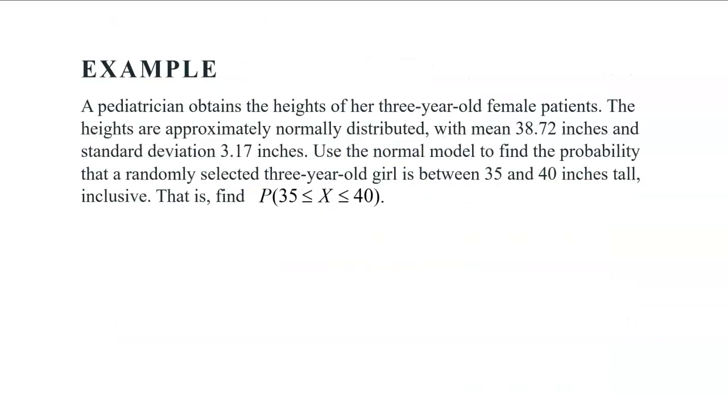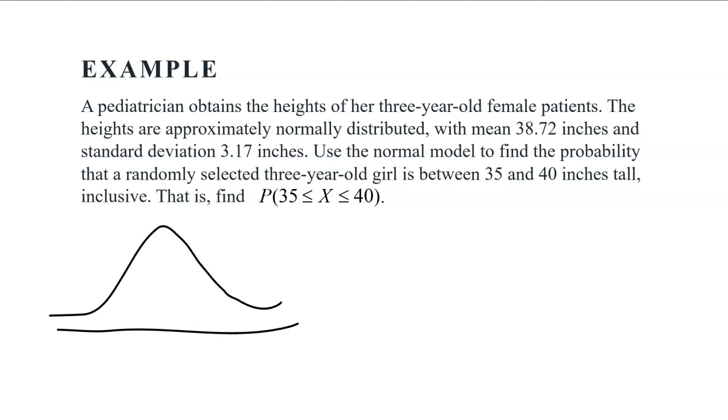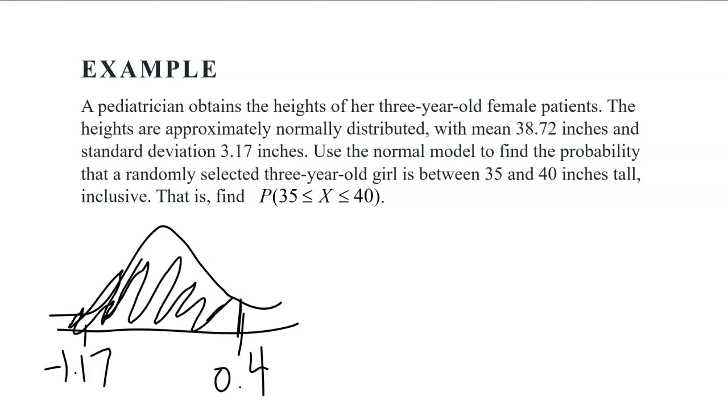And I'm going to go back here and make a sketch of what that would look like. So I have a normal curve. I have a Z value over here that's negative 1.17. I have a Z value over here that's 0.4 somewhere. And so the value that we got of 0.6554 is the area that is underneath this curve.